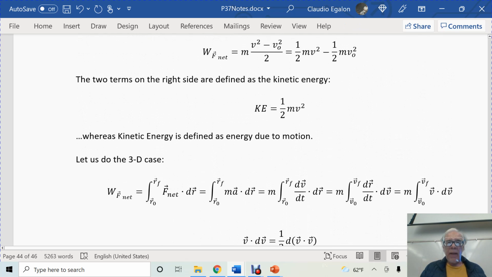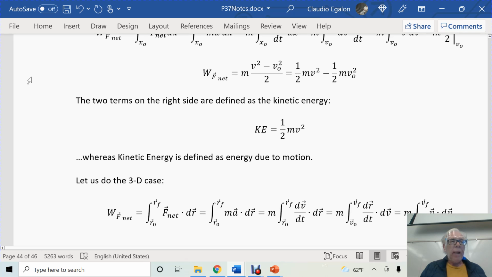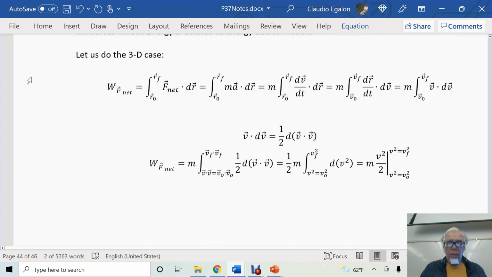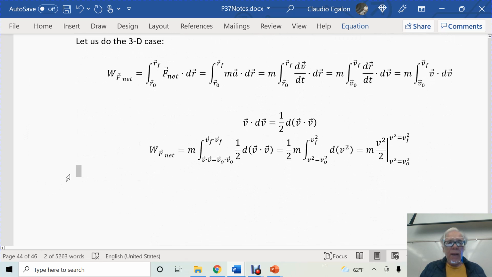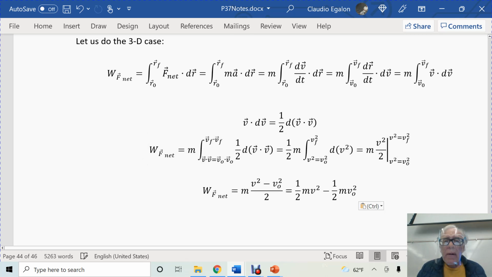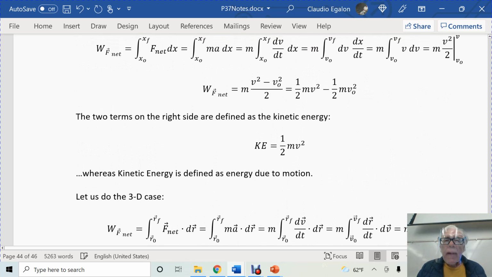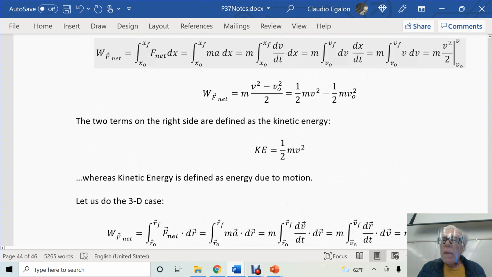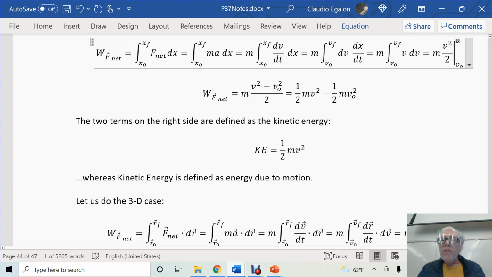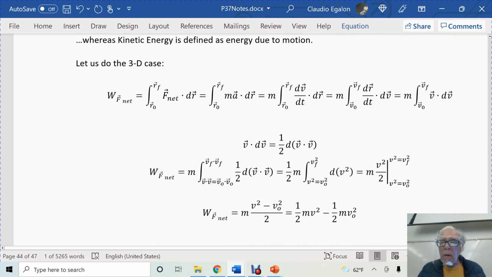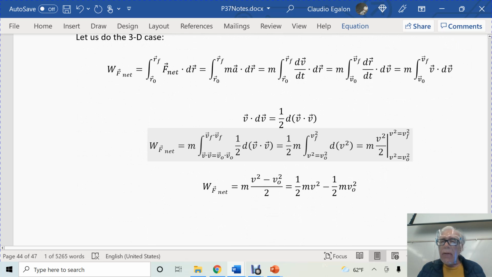But let's not forget now that what you have, again, I'm going to rename vf with a v so I don't have that mess there. Oh, by the way, it's not v, it's v squared. Oh yeah, I already have v squared here.